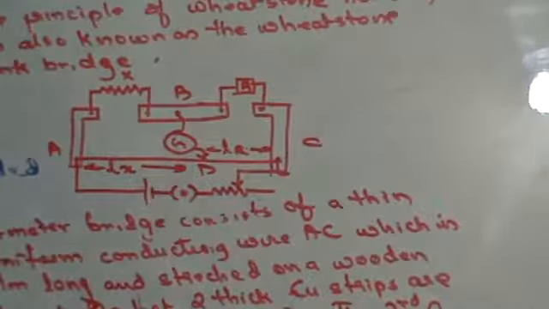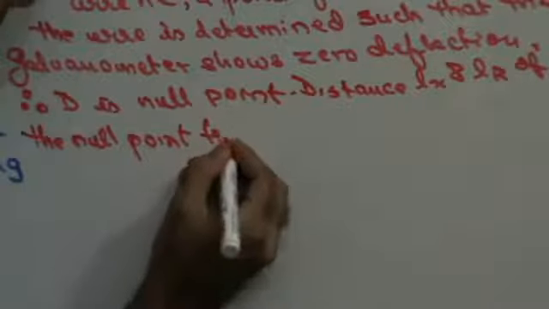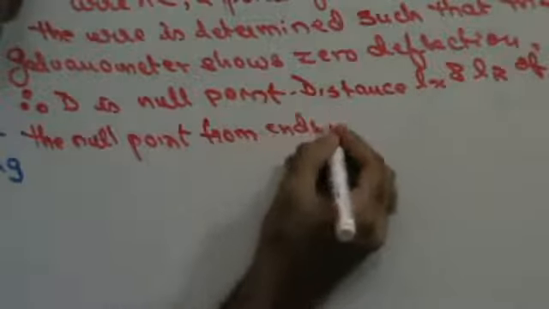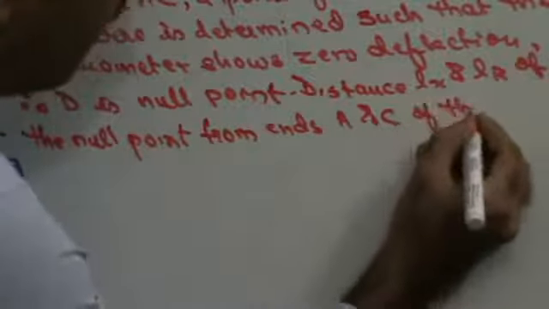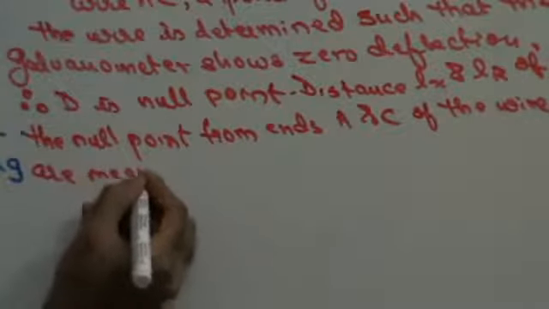Now the distances Lx and Lr of the null point from ends A and C of the wire are measured. I already know the values of x and r.